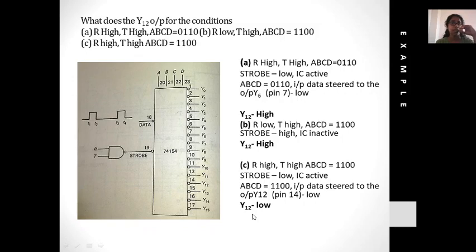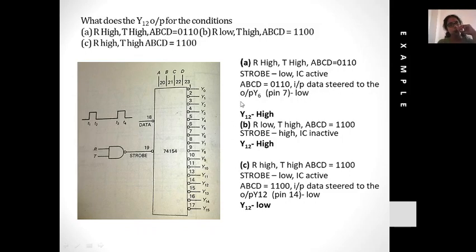Don't worry, my dears, you can do the maximum. The only thing is, if we feel that the output will be high, remember this is using TTL, so what we feel is high is low. And the next thing, for doing the problem, strobe is active if and only if strobe is low. That's all we have to understand.